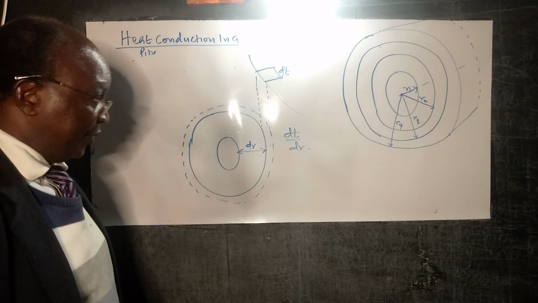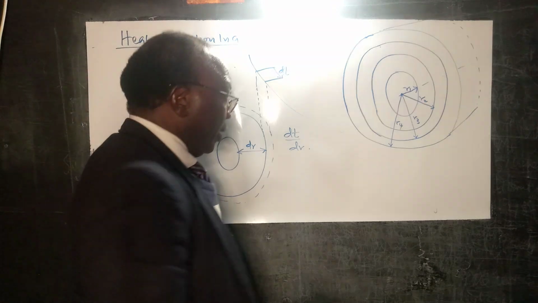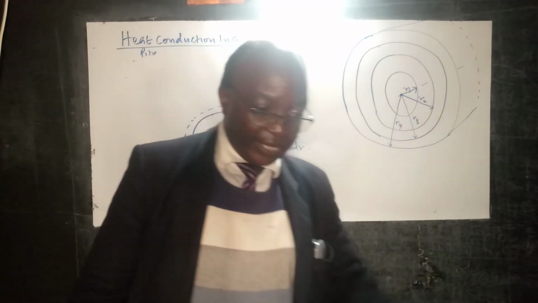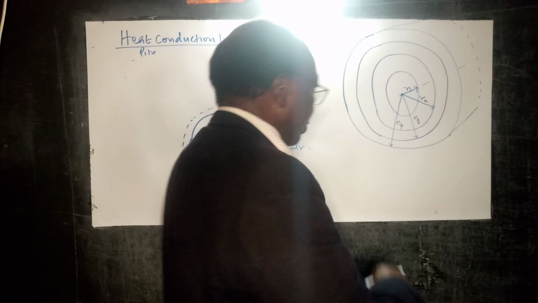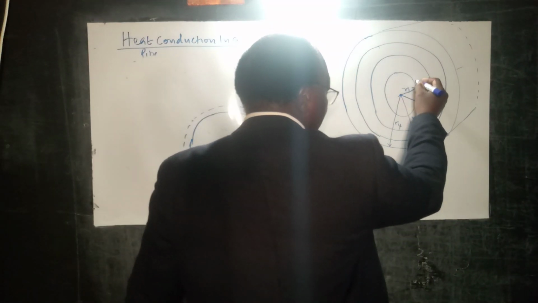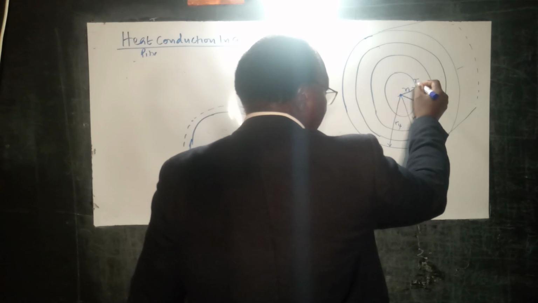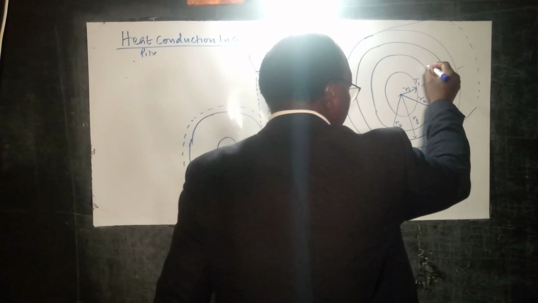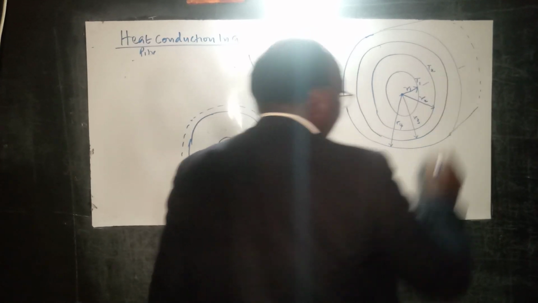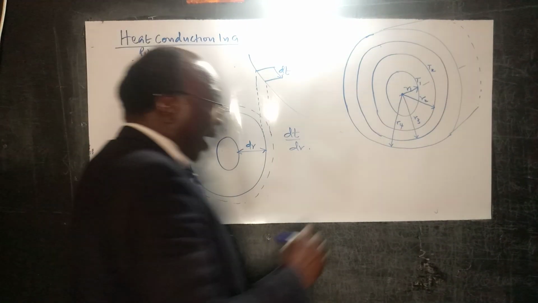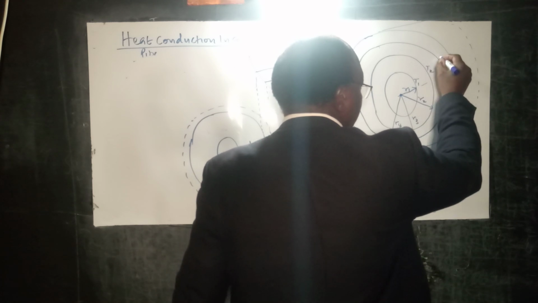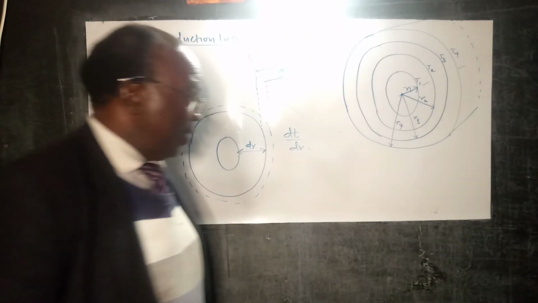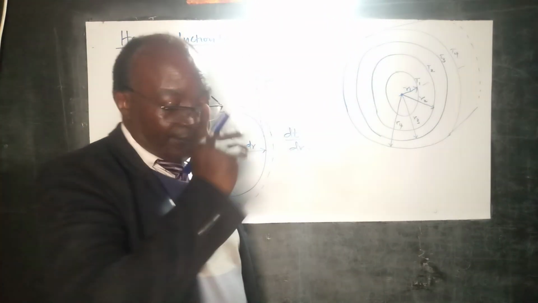And number two, like we have said, for this tube here, the cylindrical surfaces are isothermal. So let us say that this particular one, whose radius is R1, has temperature T1, the other one whose radius is R2 has temperature T2, the one whose radius is R3 has temperature T3, and the one with the radius R4 has temperature T4.